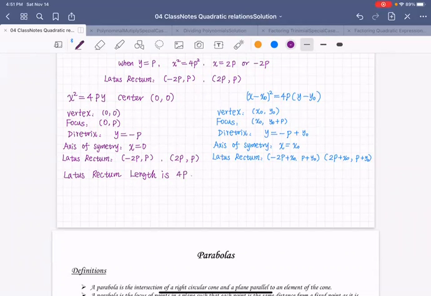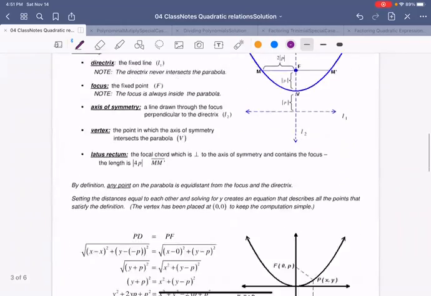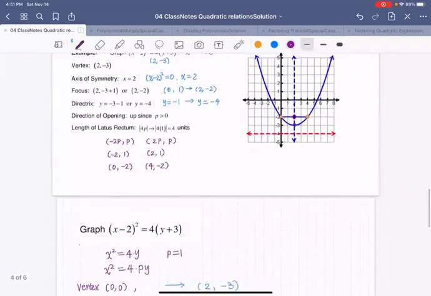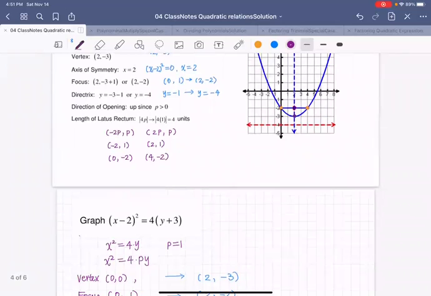So the lattice rectangle is 4. You can tell from here to here is 4: 1, 2, 3, 4. Correct?